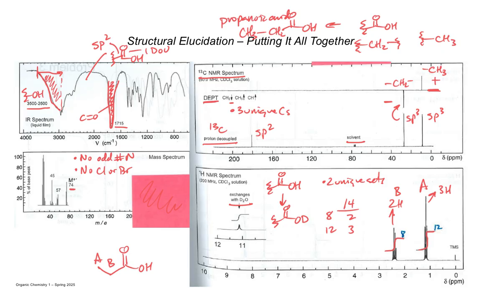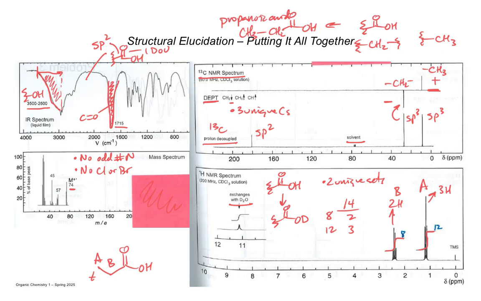Singlet, doublet, triplet, quartet. It's going to be a triplet, and we'll just represent that as small t. It's a signal that integrates to 3 hydrogens. It has 2 neighbors, so it appears as a triplet.